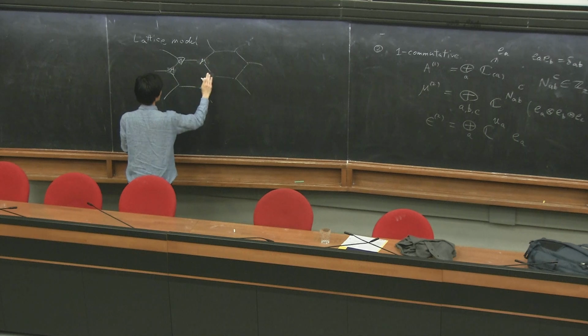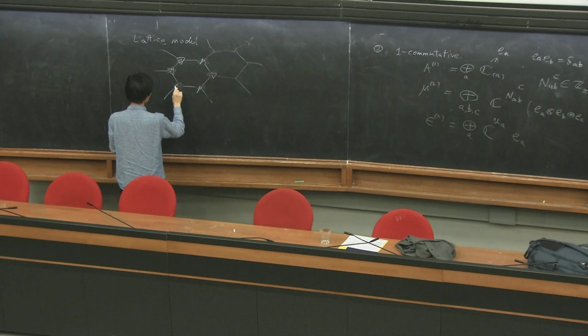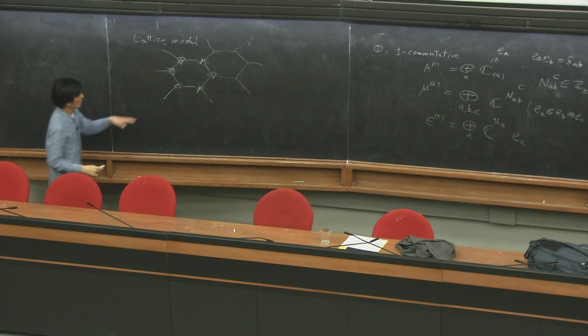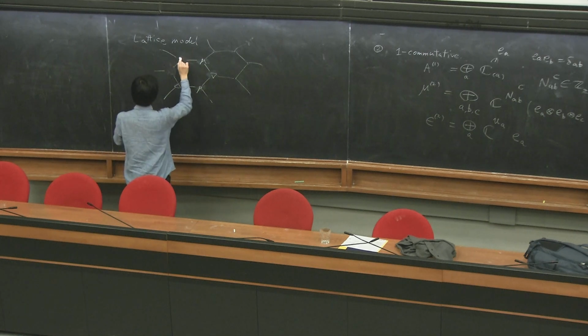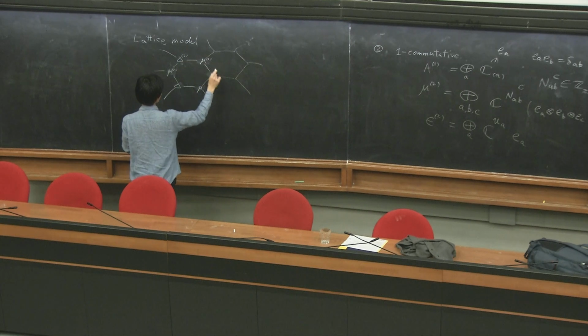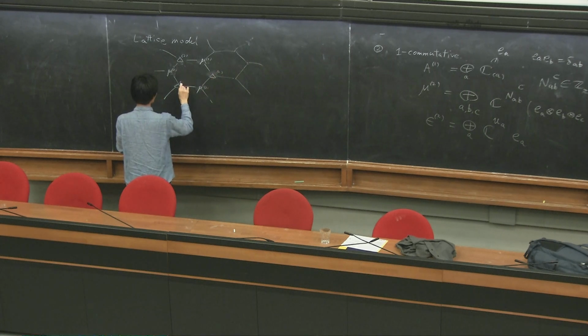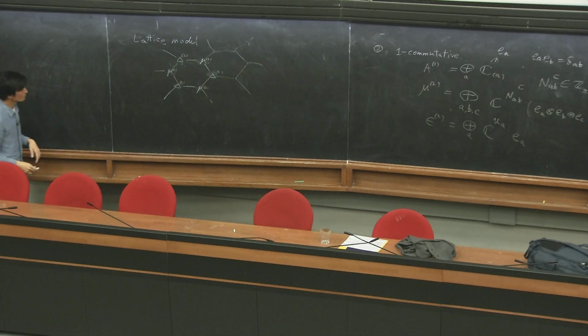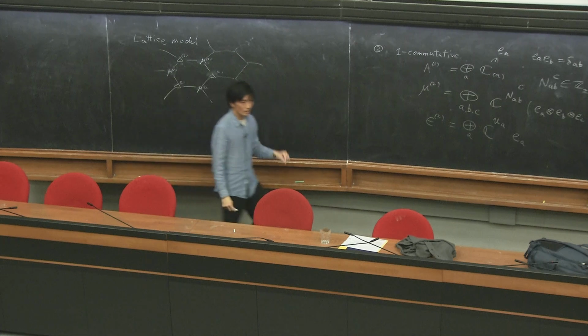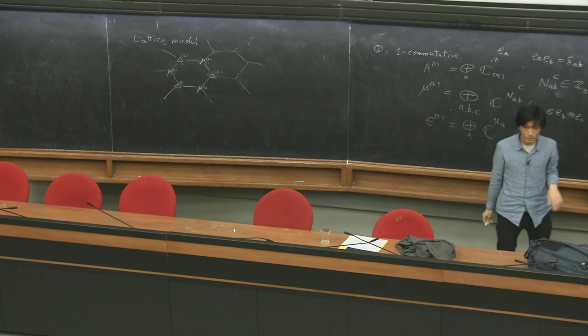Delta, mu, delta, mu, delta, like that. And those are two multiplication and two co-multiplication. Then this thing is going to give you a vector space.